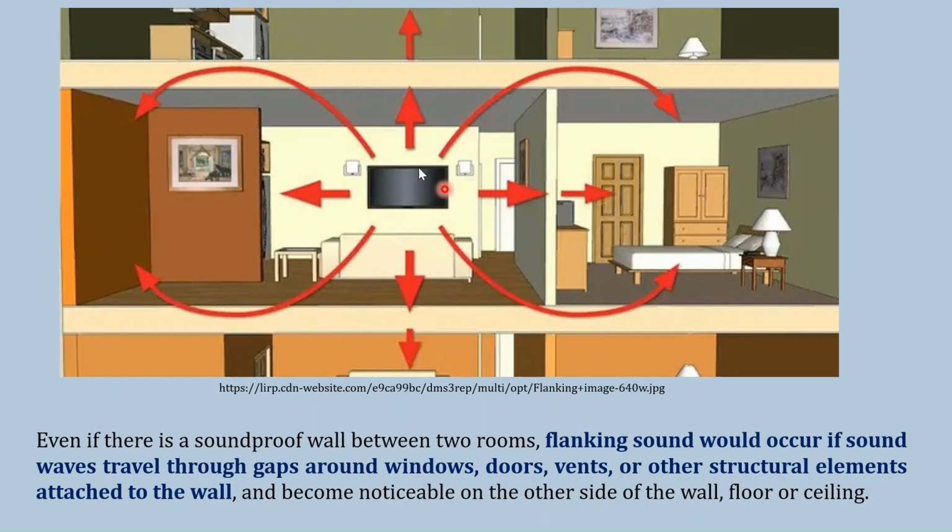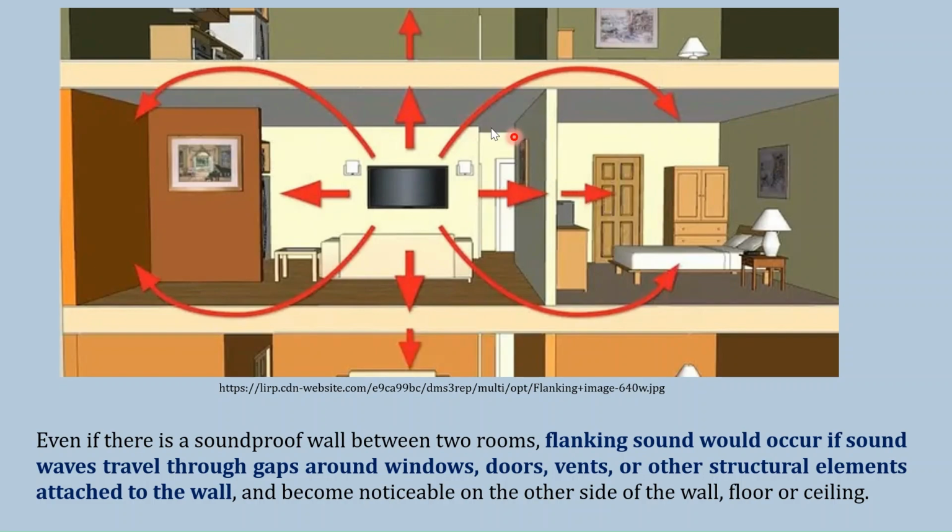Suppose the sound is generated inside this room because of this television. This sound can travel into the adjacent room via direct transmission or flanking transmission. Suppose we have a soundproof wall between these two rooms, or ceiling tiles or carpets on the floor, then they will reduce the direct transmission.